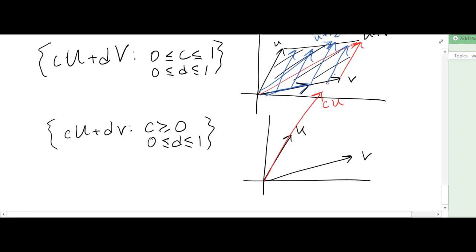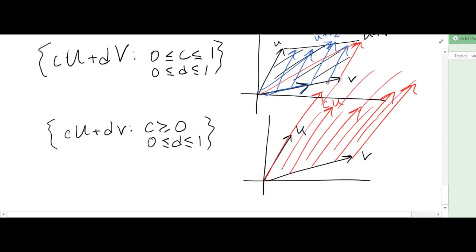It goes off to infinity. And then we can put that at any point of v to get cu plus dv. So we could put that here, there, there. Any of these points we can get from that linear combination. So it's that whole upper plane there. It's an infinite parallelogram kind of thing.